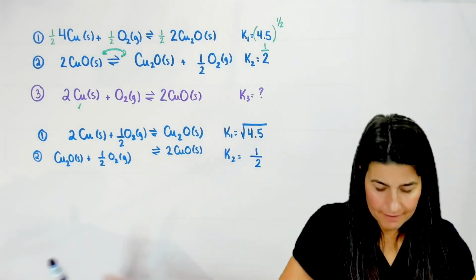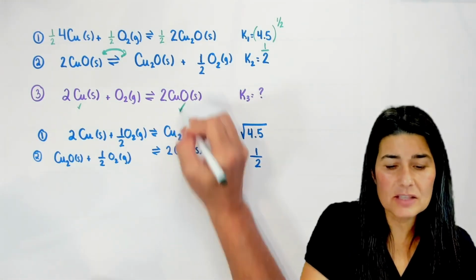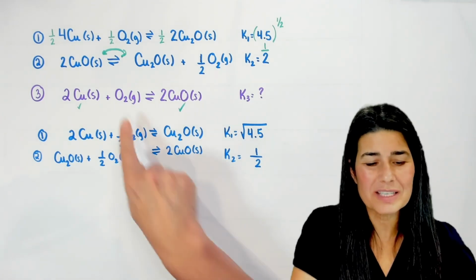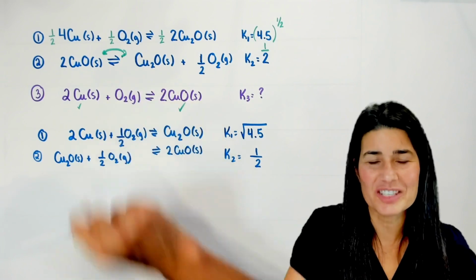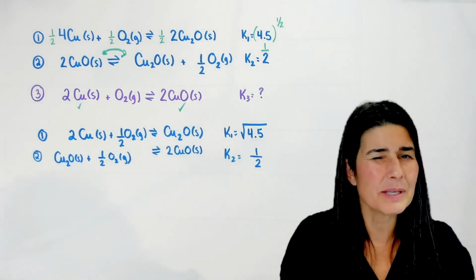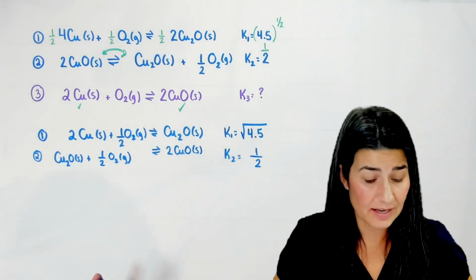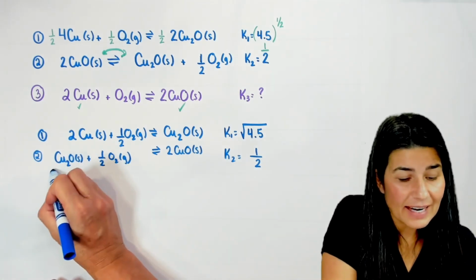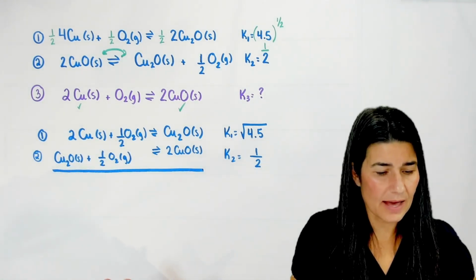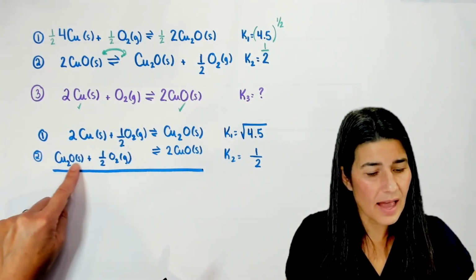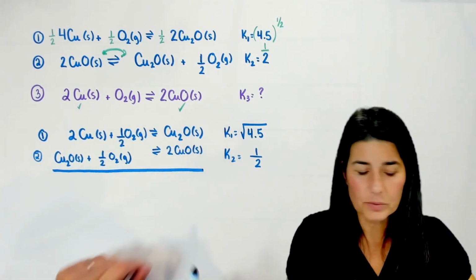Now, I've got this second one in position. I told you to skip oxygen earlier because it was in multiple reactions. I said it's probably going to work out. Well, let's do a double check. If I add these two reactions up, let's see what I get. 2 coppers on the left, no coppers on the right.